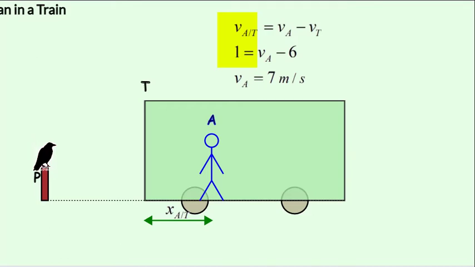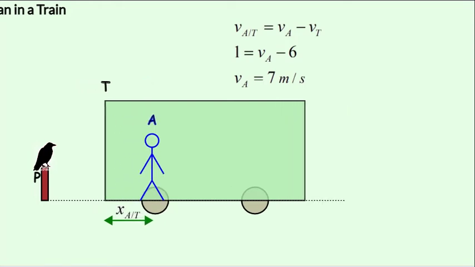The velocity of the train is given to us as 6 meters per second. From here, we obtain the velocity of the man A with respect to the ground as 7 meters per second. So what do all these figures mean?